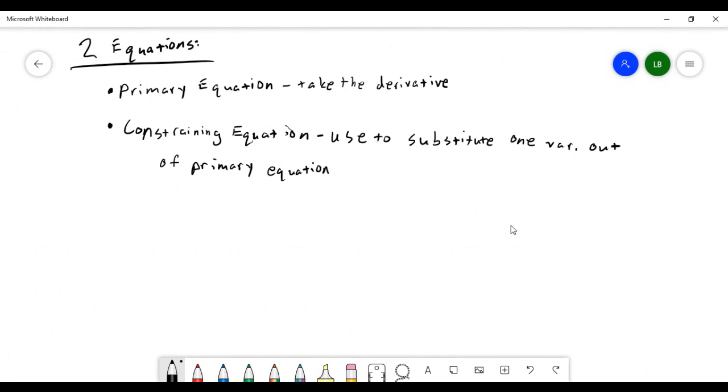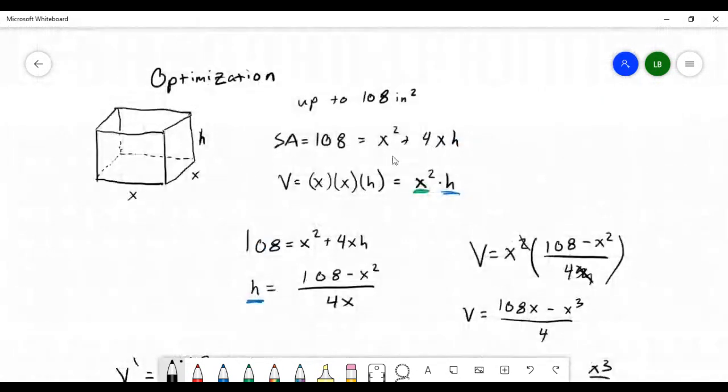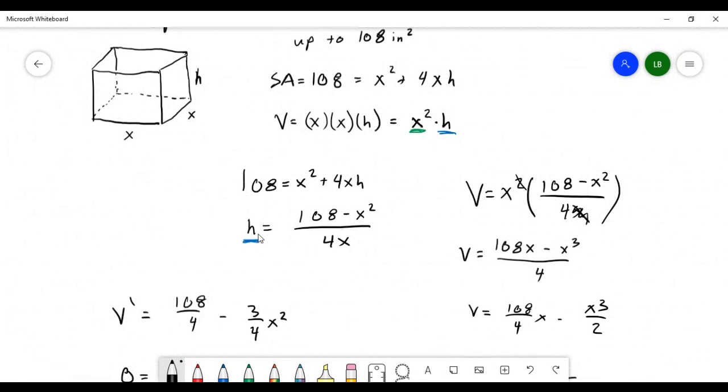So in the previous example, we had our primary equation, volume equals x squared times h, and our secondary equation, our constraining equation. And you'll notice we took this constraining equation and solved for h in terms of x.